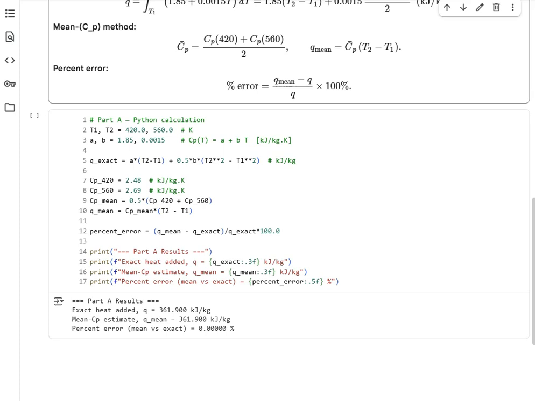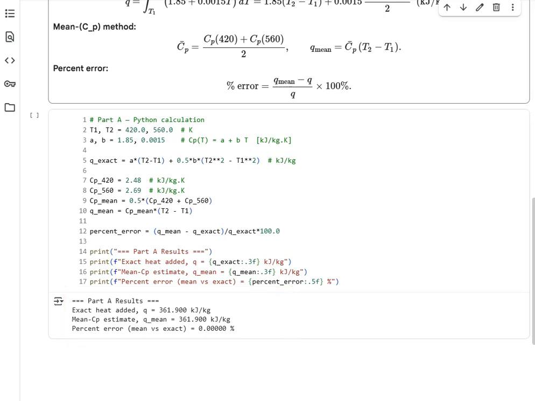That gives the same answer, 361.9 kilojoules per kilogram. Now Python will calculate the percentage error, and we are getting 0% error. That confirms that the mean Cp approximation works perfectly in this range.